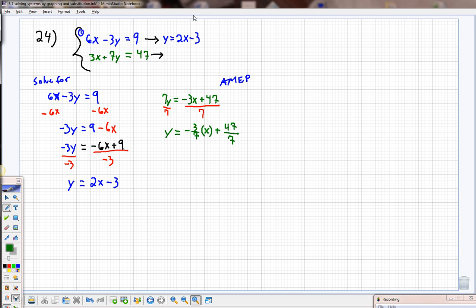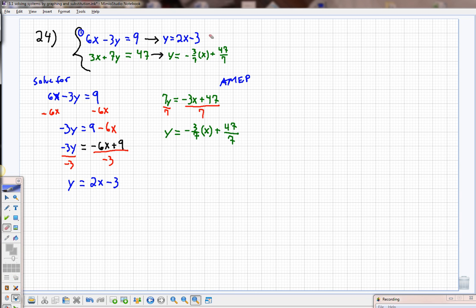For tonight, look at that. Y equals negative 3/7 x plus 47 over 7. You know what?